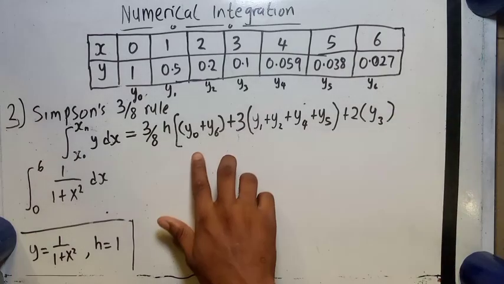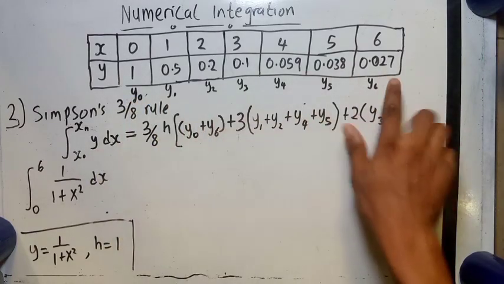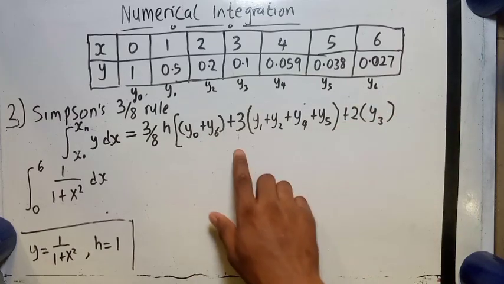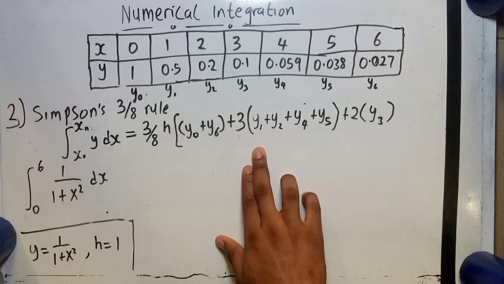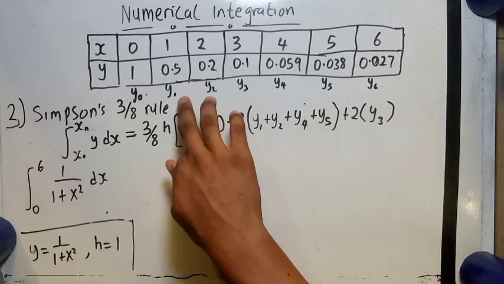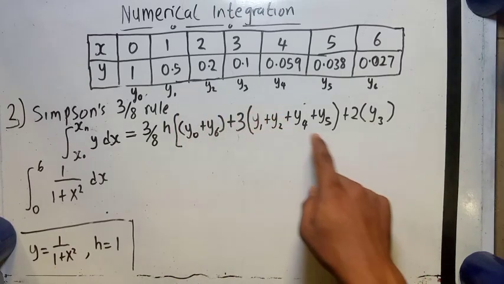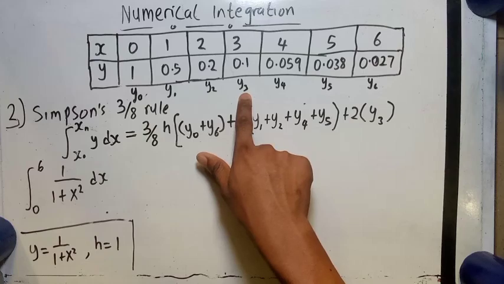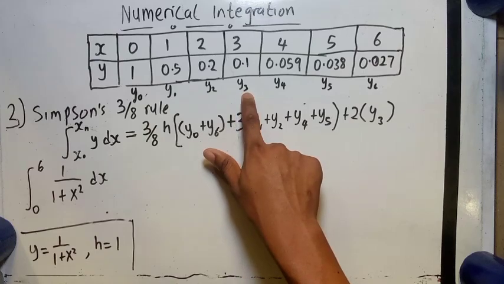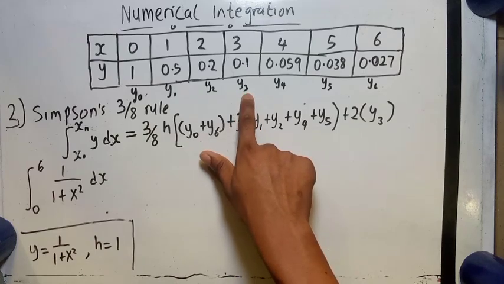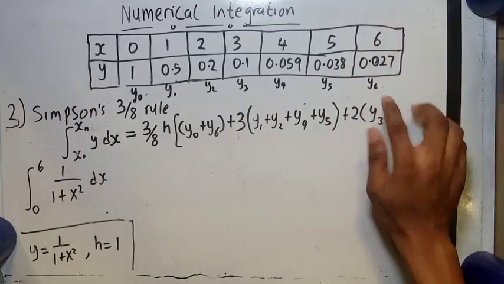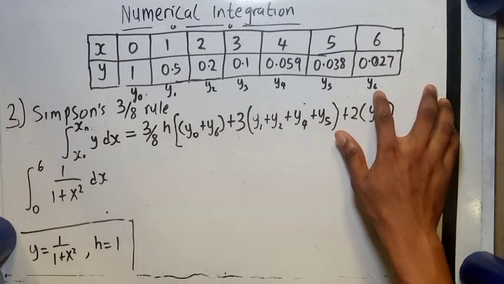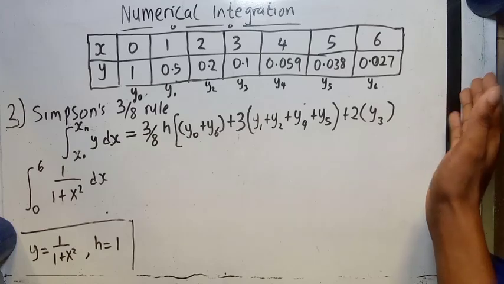So the idea is when you select the first and the last, you add it to 3 times every other one that does not have a subscript that is a multiple of 3. So here you can see y3. The next one, if we had more values, would be y6, the next one y9, the next one y12.